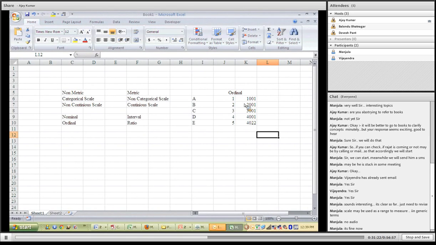But one of the flaws of ordinal scale is that it does not tell us how much A is better than E. We know A is at 1, E is at 5, but we do not know how much better A is than E. The gravity of this betterness is something which ordinal scale does not talk about.